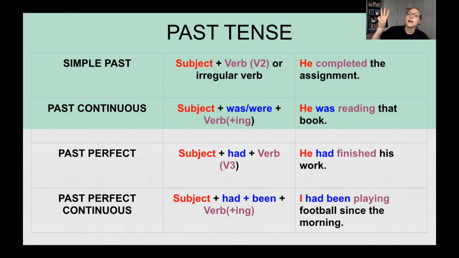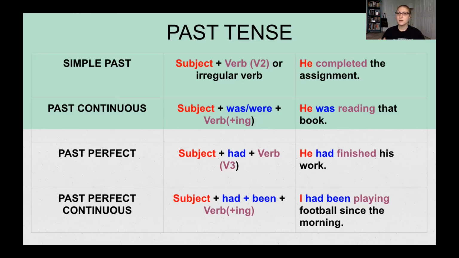And then our action verb with ing this time around is playing. All right, subject, I had been playing football since the morning. And of course, I mean American football. If I meant European football, of course I'd have to say soccer. So that is what we have for past tense.